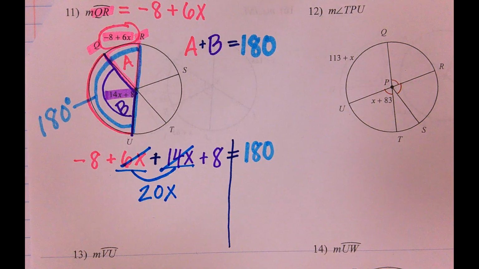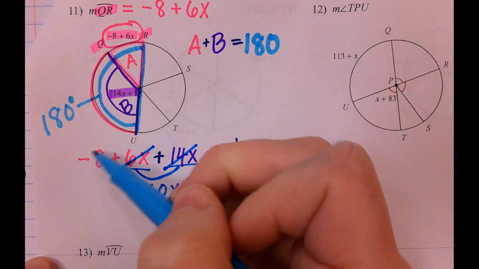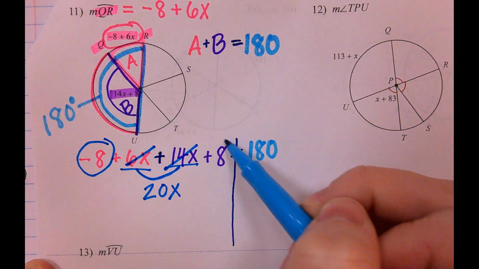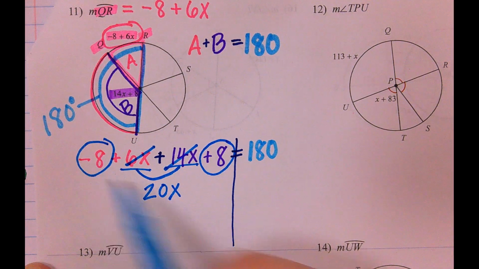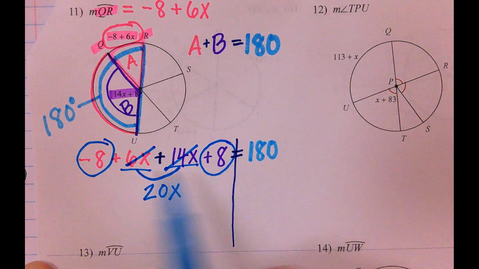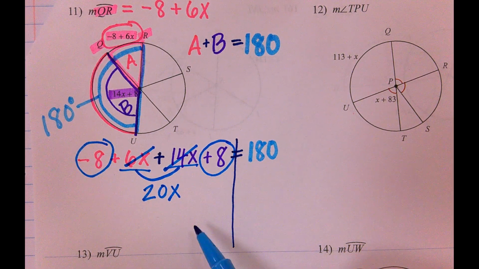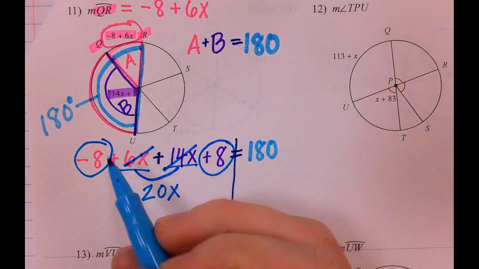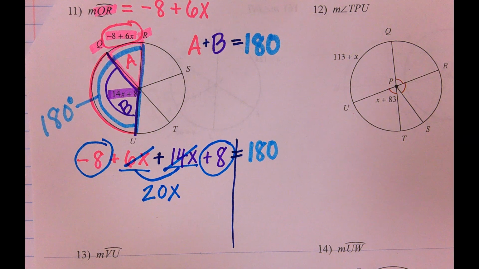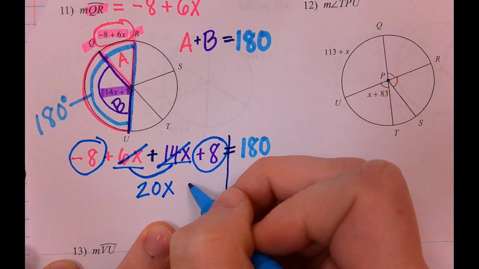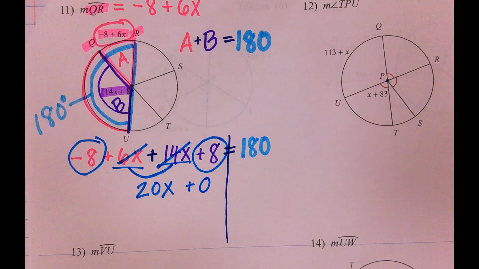Are there any other like terms we can combine? Negative eight and eight just cancels it out. We have -8 and +8. When I add those together, I get a 0. So you could just say they cancel. If it makes you feel a little bit better, you can write +0, but that's not going to do anything.